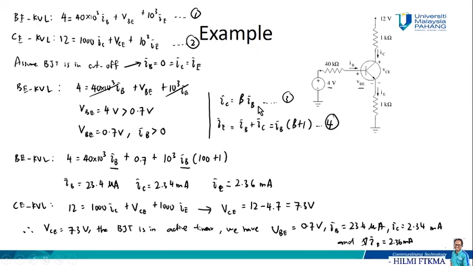Then we have to use the equation for the gain and also the equation from the KCL IE equal to IB plus IC. Okay, then what we have to do next is just mathematics. We just solve the equations to obtain the value for IB, IC, and then the value for VCE.